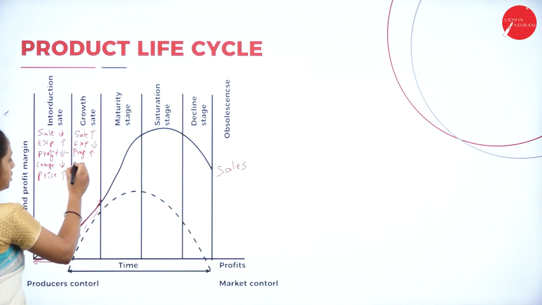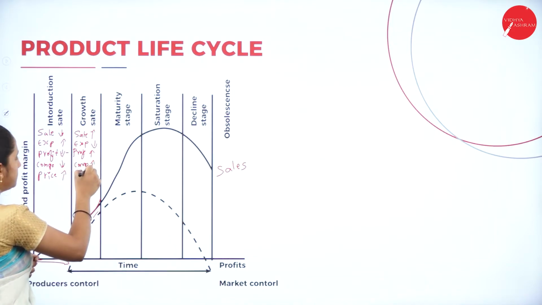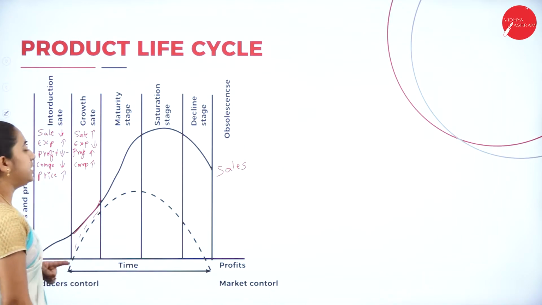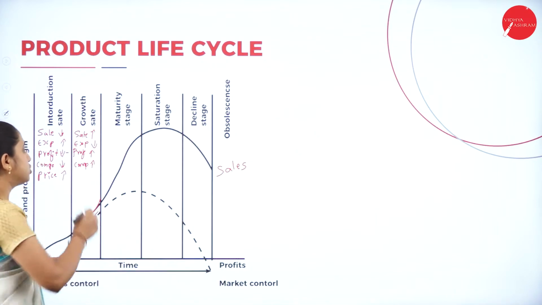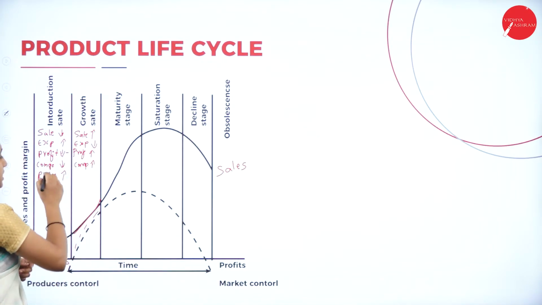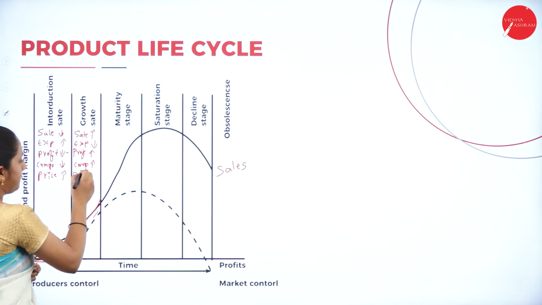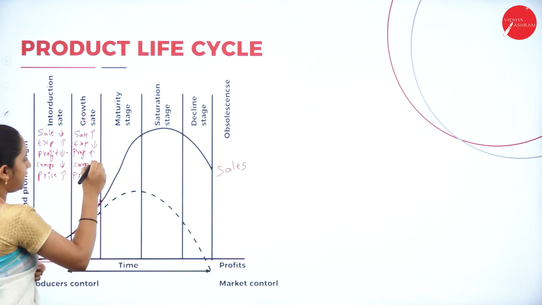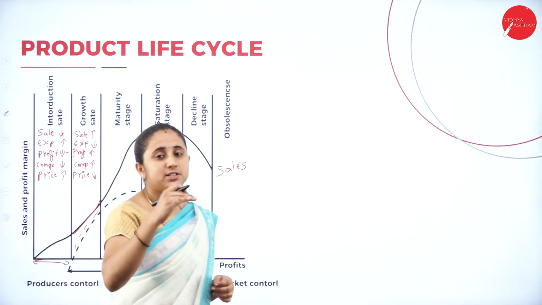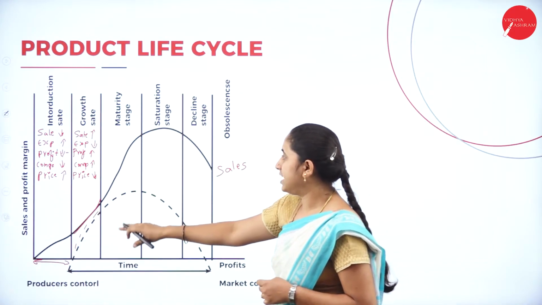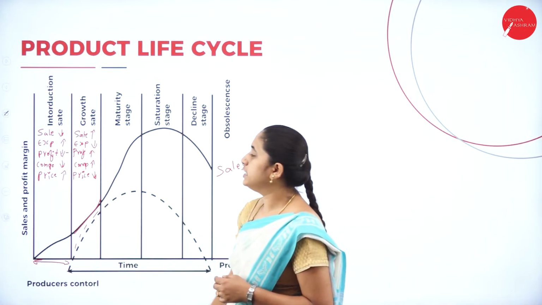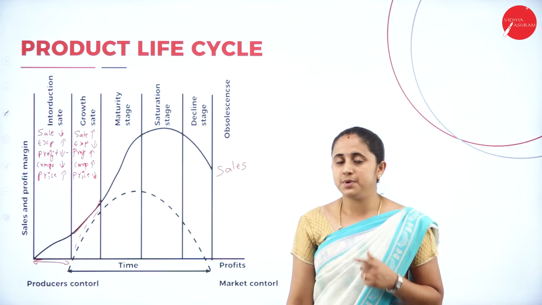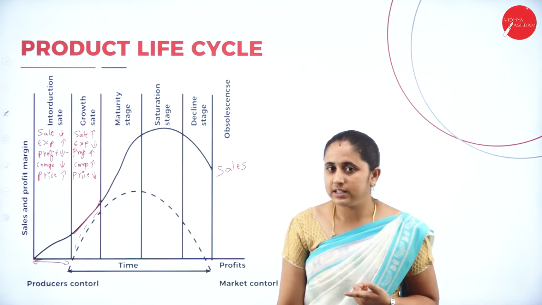Next, competition. When your product is more popular, the competition will increase. Competitors start entering the market, so the competition is increased. Then price can be reduced, because the expenses are very low in this stage and you start earning profit in the growth stage, so you can reduce the price, which attracts customers as well as helps in increasing sales.